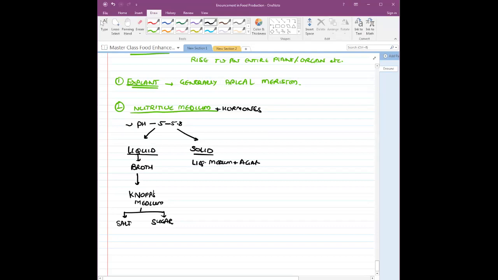Why do we generally use agar? This agar solidifies the medium. That is why. Now, which medium are we talking about? We are talking about the MS medium, that is Murashige and Skoog.